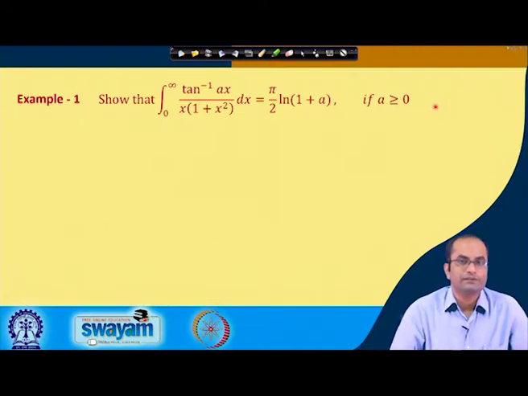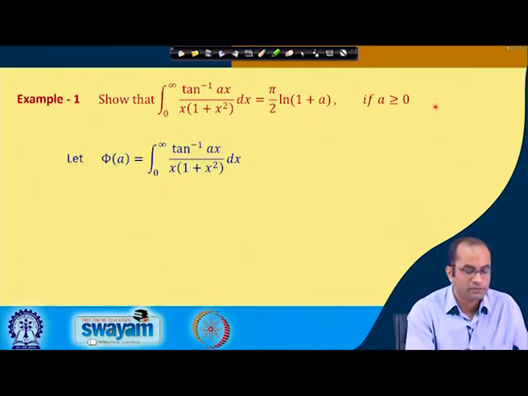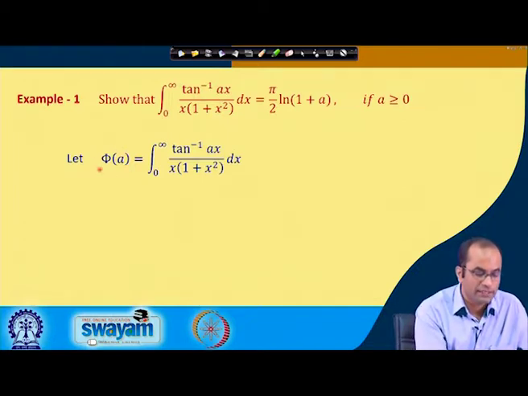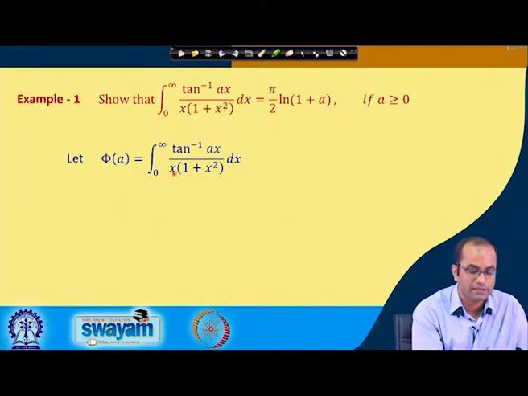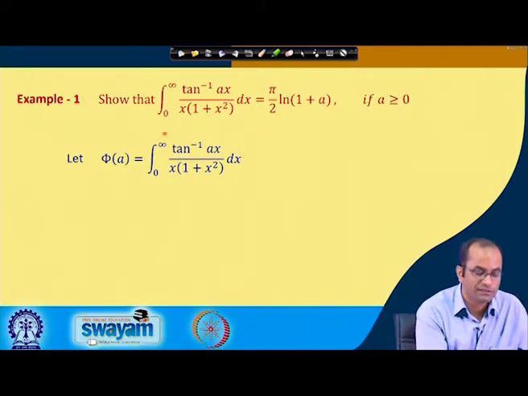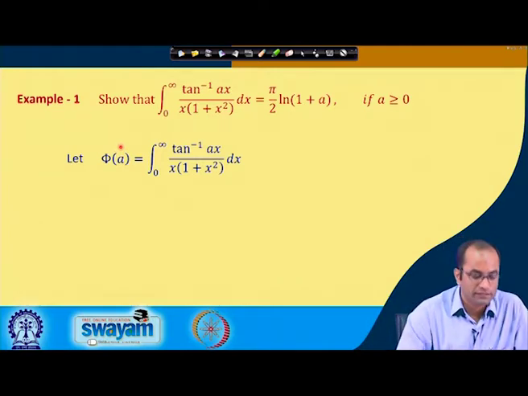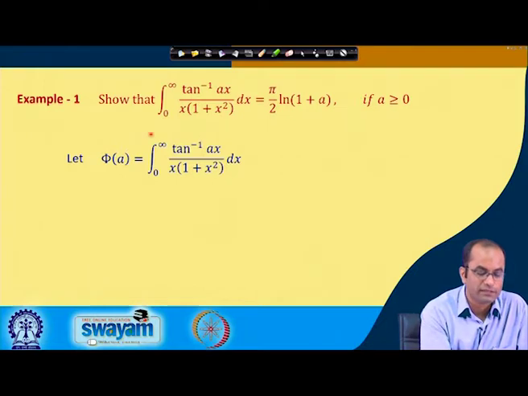This idea of differentiation under integral is very often used to compute such complicated integrals, and they become very simple with this idea, because we consider the given integral as a function of a, because the a is there in the tan inverse. So, this is phi(a), the integral from 0 to infinity of tan inverse(a x) over x(1 plus x square) dx. Now we will differentiate this with respect to a.